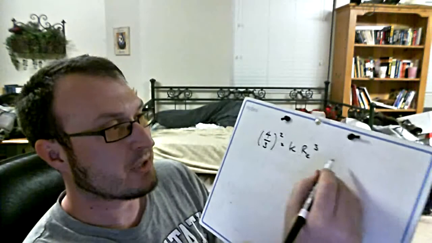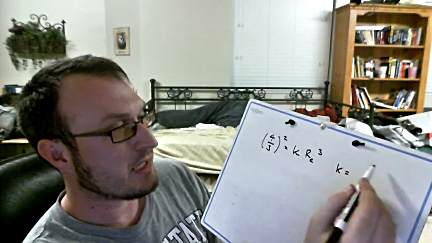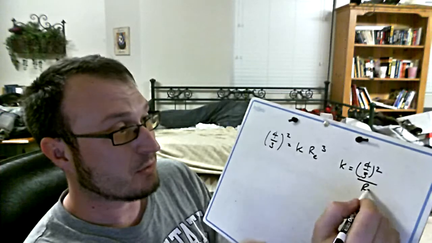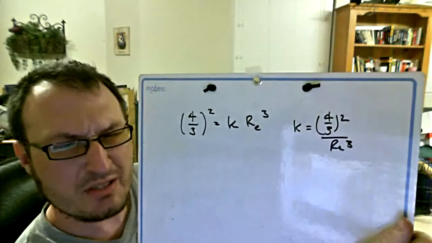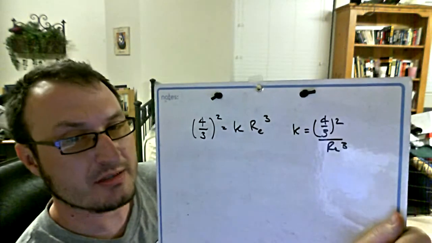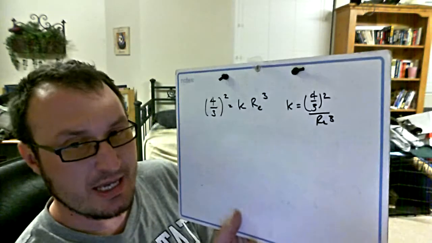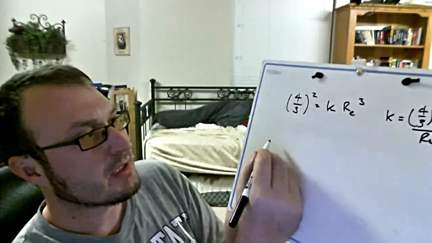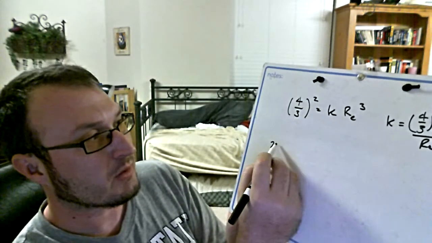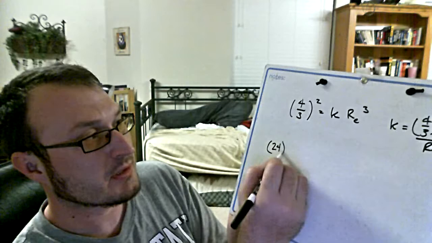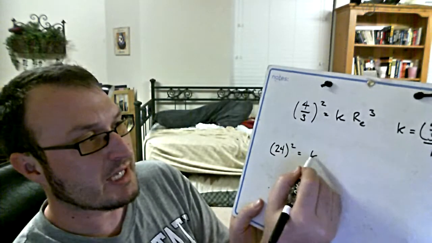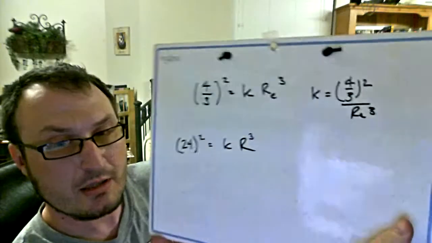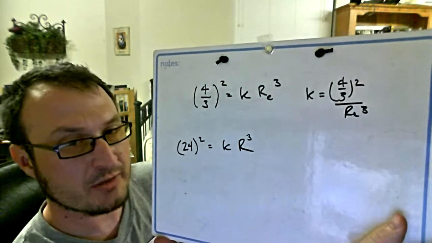Okay, so from there you get k, and k is just 4/3 squared over r sub e cubed. Now we're going to use that same k because the physical situation is the same. It's the planet Earth, and k will be the same proportionality constant in the second situation. Rather than 4/3 of an hour, we're talking about 24 hours, squared, is equal to k times r cubed, and that's the radius that we want of the geosynchronous orbit.